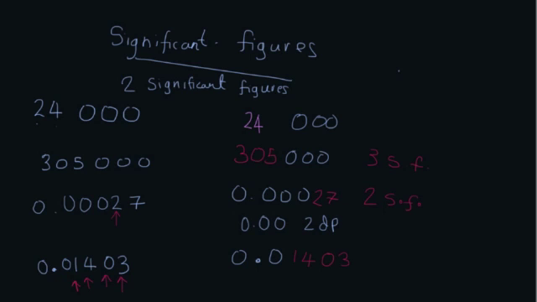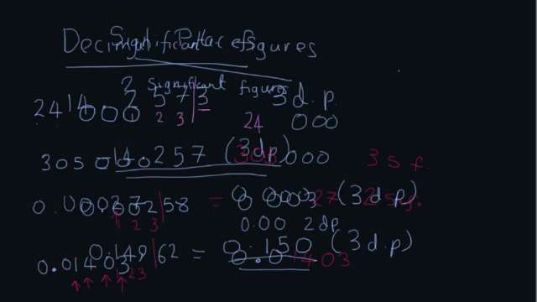Say we had 156,230 and we want it to two significant figures.